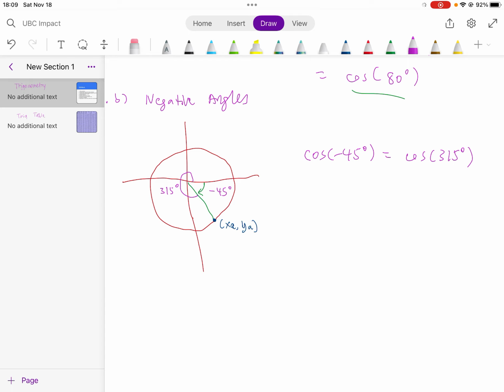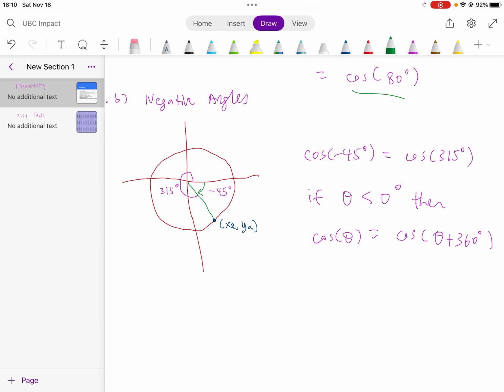What does this mean? This means that for the cosine of any negative angle, so if theta is less than 0 degrees, then the cosine of theta is equal to the cosine of theta plus 360 degrees.